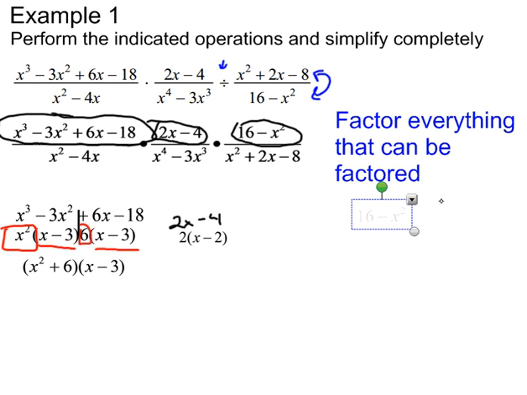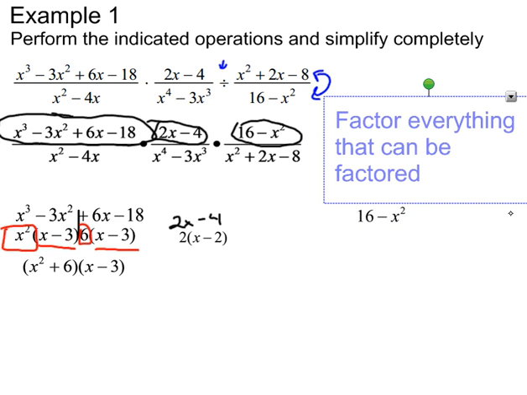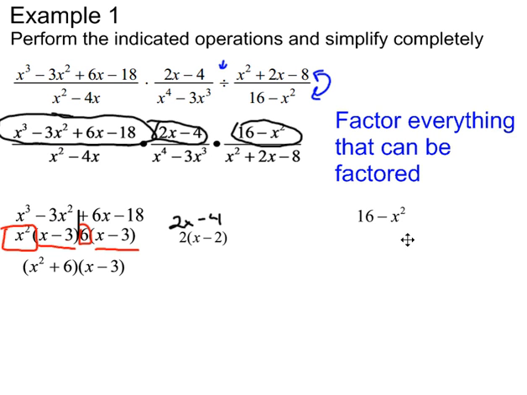So I'm going to write 16 minus x squared. So what is this? Well, this is just a difference of perfect squares, but the x squared is negative here. So what I could do is just factor it the way I would normally factor it when x squared is positive, but just factor out a negative 1. That's all.